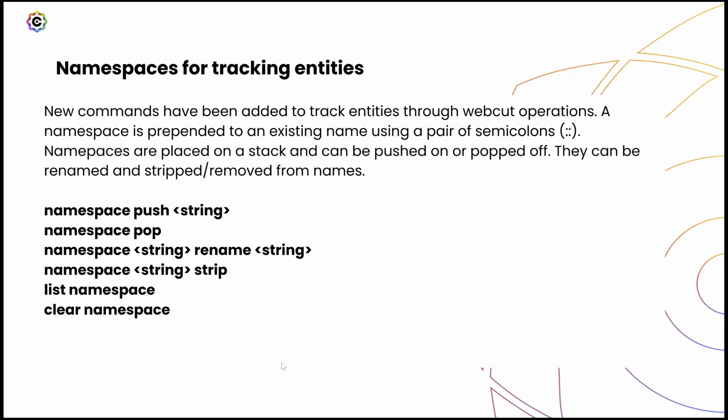In Cubit, the way a namespace works is you push a namespace onto the stack, and then anything that is already named, as it gets modified, has the namespace prepended onto it with a pair of colons. So we can push things onto the stack, pop them off, rename namespace items, strip a namespace out of a name, list them, and clear the namespace and start all over.